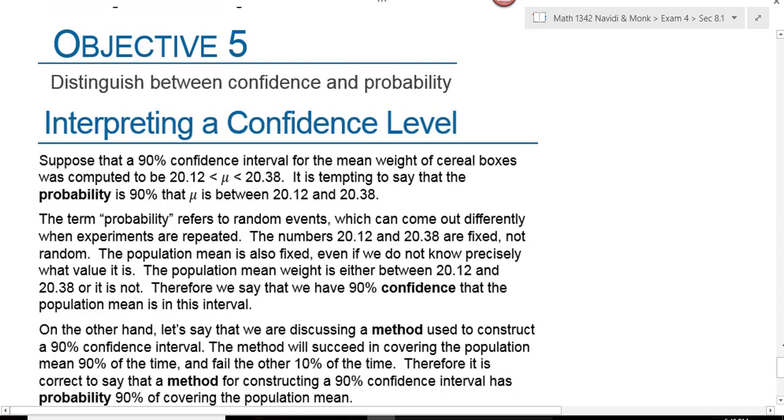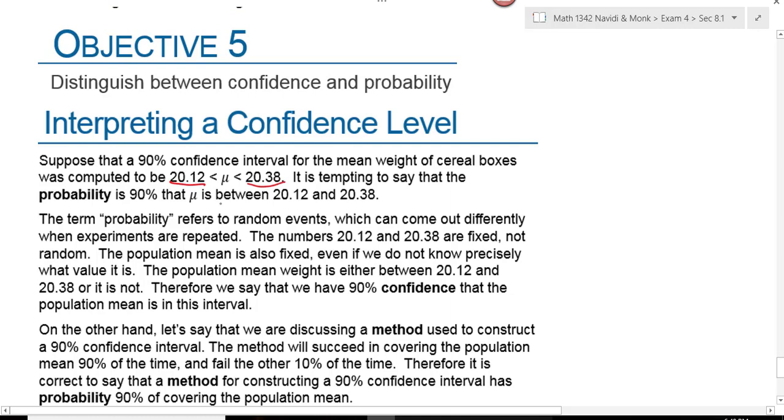Objective 5 is to distinguish between confidence and probability. Suppose that a 90% confidence interval for the mean weight of cereal boxes was computed, and this is actually what we computed. It is tempting to say that the probability is 90% that the population mean is somewhere between these two values. The term probability refers to random events which can come out differently when experiments are repeated. The numbers that we have on these bounds right here are fixed.